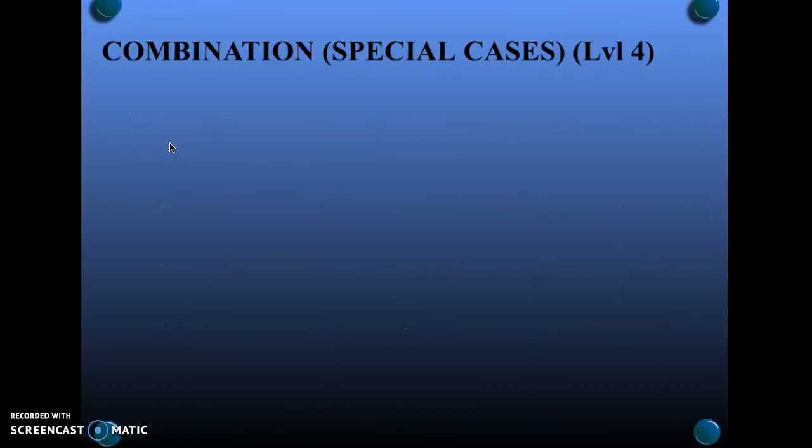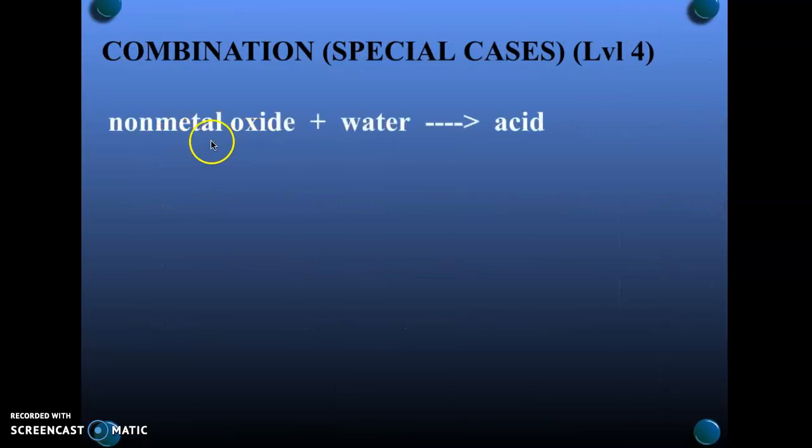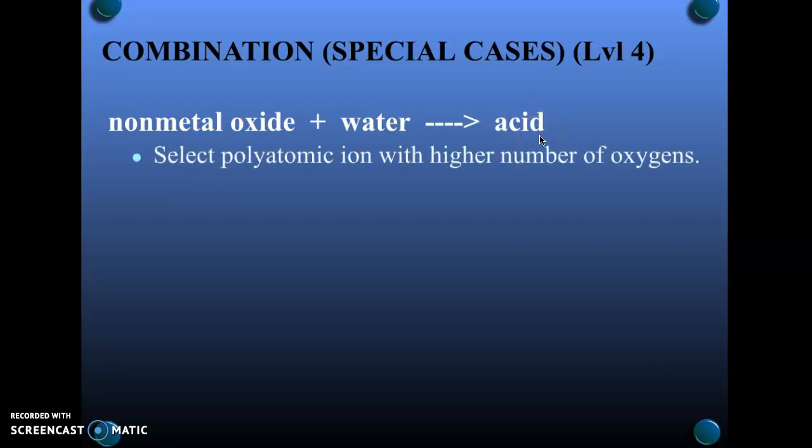Now the other type is when you take a non-metal oxide and combine it with water. In this case you're going to make an acid. When you take a non-metal oxide, the anion that's going to be in the acid comes from the non-metal and oxygen.